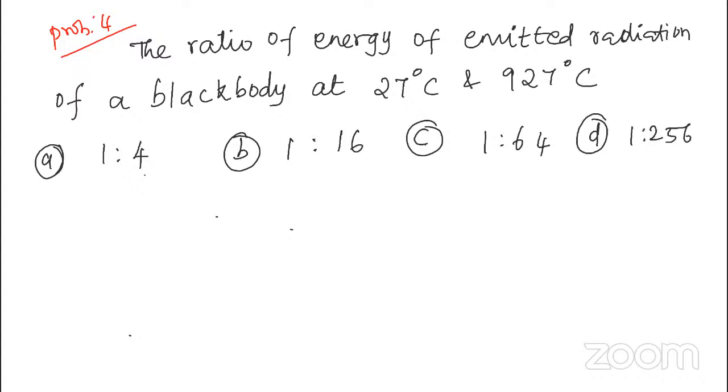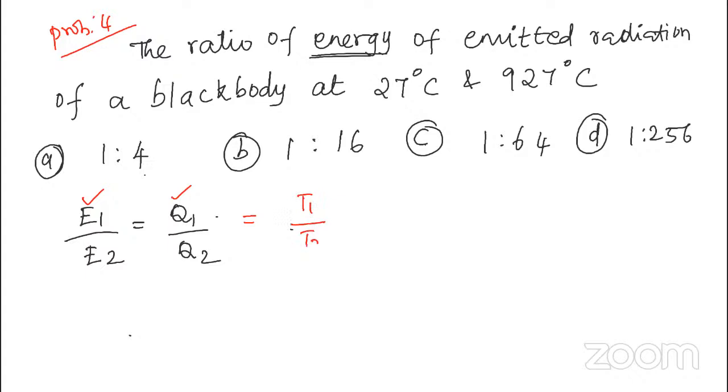Now I give one clue. Here they have given the energy, no? The energy value, either we write in E notation or Q notation, whatever it is. Either E1 by E2 or Q1 by Q2, either notation we can write, which is equal to T1 divided by T2, the whole power of 4.